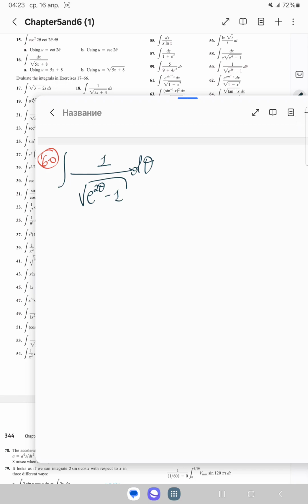The difficulty is that we have both a square root and e to the power of something, so we should make it simple. We can say u equals e to the power of theta. I'm trying.